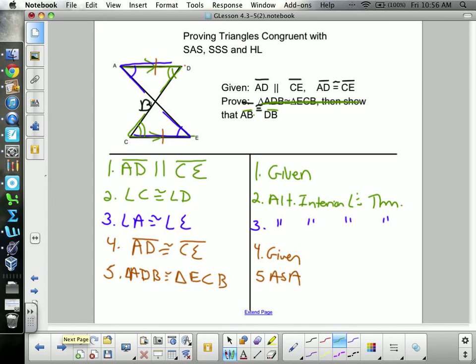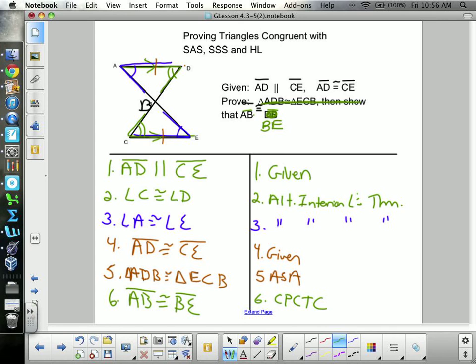Now, but that's not what I wanted to prove. I wanted to prove that AB is congruent. I'm sorry, that's not even right. Wow. AB is congruent to BE. And sure enough, AB is congruent to BE because of, what's the reason?